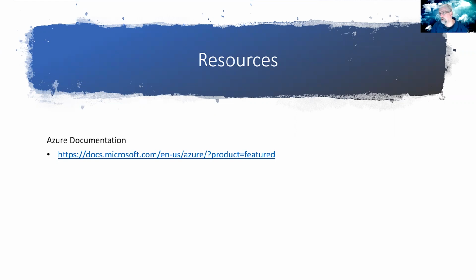So let's take a look. Microsoft puts out a very good knowledge base and documentation system. If you just go to docs.microsoft.com, you can select Azure, it'll take you right here. So that's one of the things we're going to look at.